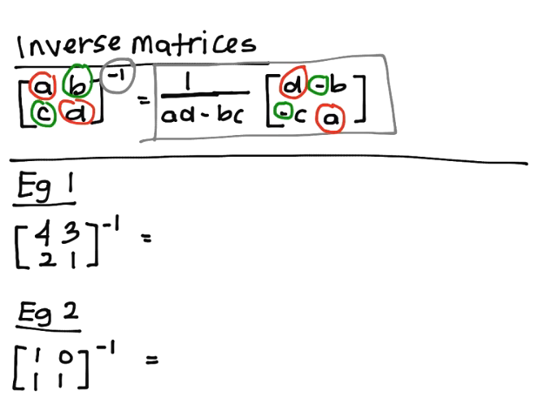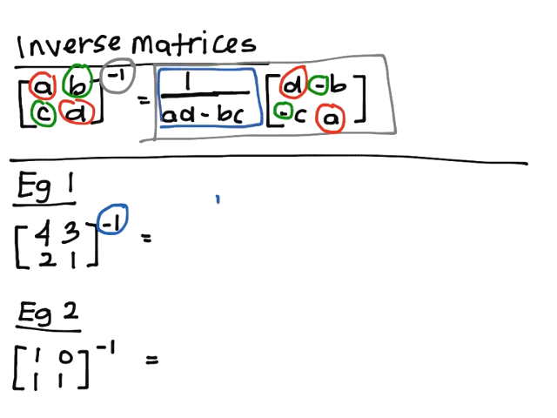So now let us go with the first example. We have the matrix of 4, 3, 2, 1, and we can see that we have the exponent of negative 1, meaning that we are going to go with the inverse matrix. For our answer, the first part is 1 over AD minus BC.